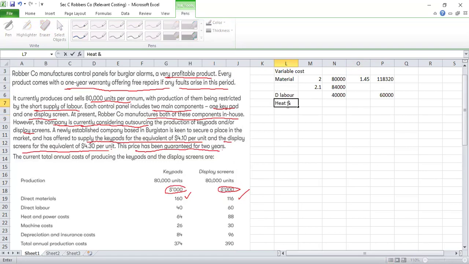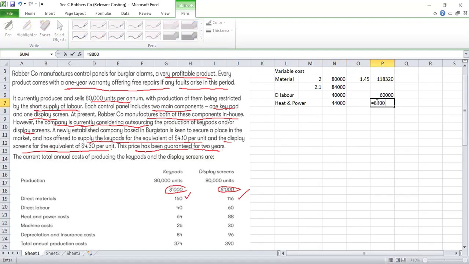So you will do what? Heat and power. Total sum is 64,000 minus 50% of the labor cost. Labor cost is 40,000 into 0.5. So the remaining 44,000 is the relevant cost.